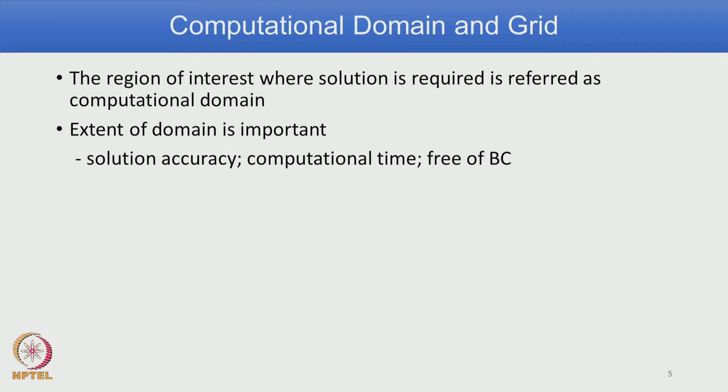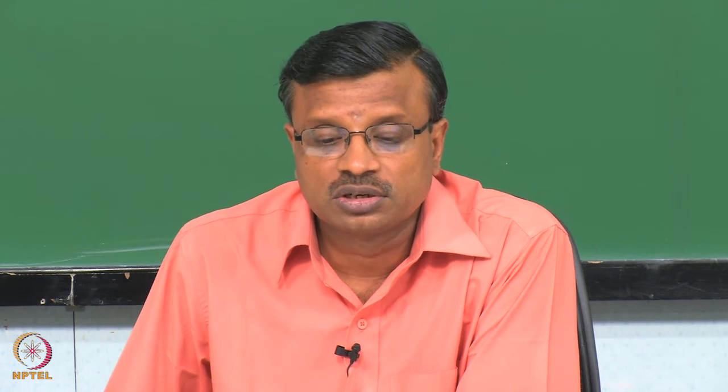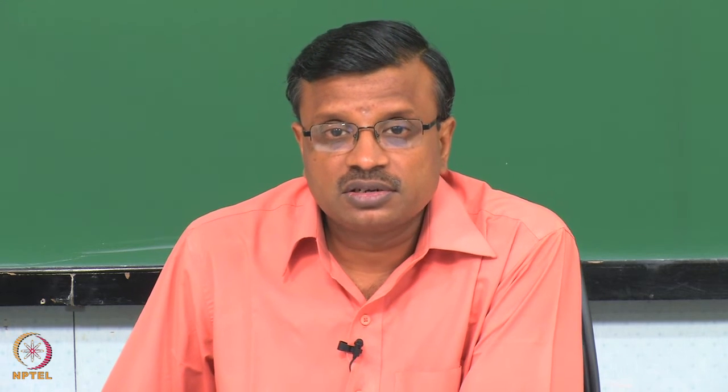The domain extension affects the solution accuracy and computational time required, and the boundary condition enforced should not influence the solution. So, the problem of interest and the boundary condition implementation should not influence or affect the solution in the region of interest.